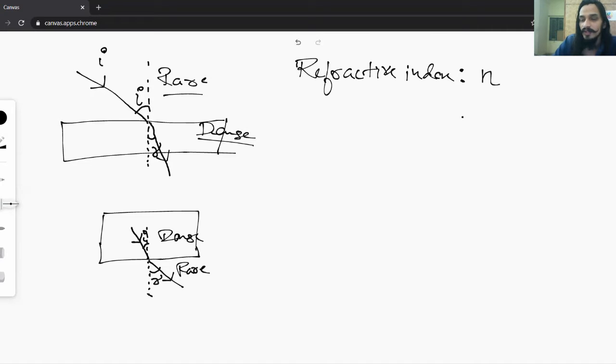N1 for the first medium, N2 for the second medium. Now, each medium has its own refractive index. So for rare, let's say it's N1 over here, and this one will have N2.